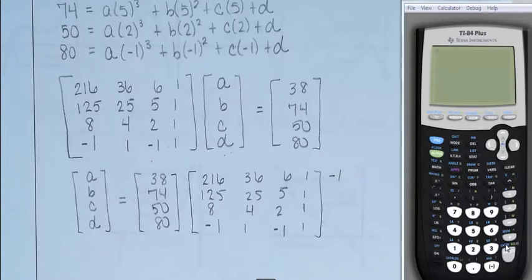So bringing out my graphing calculator, I'm going to need to set up my two matrices. So my first one will be a, let's see, how about a 4 by 1?